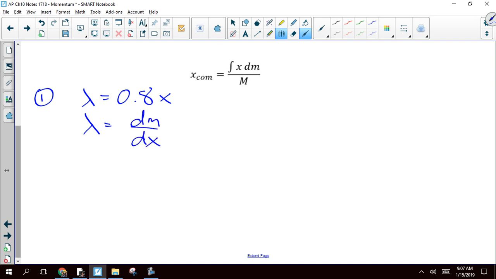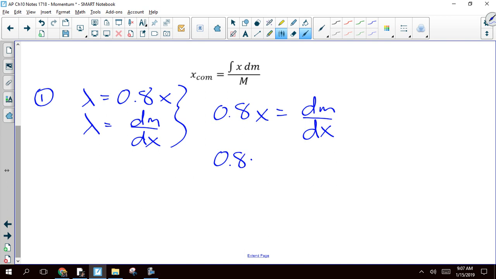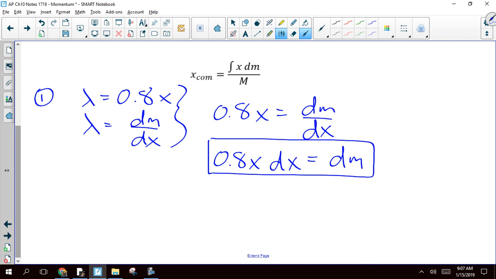If we set these 2 things equal to each other, we get 0.8x equals dm/dx. This is a little bit sloppy, but calculusly speaking, it works. I'm going to multiply both sides by dx, and I get 0.8x dx equals dm. This is the first thing I need to be aware of, and we're going to use that for a substitution.